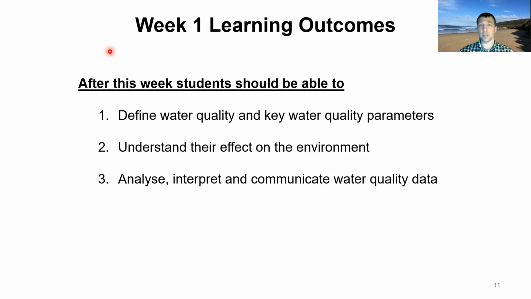What are the physical, chemical, and biological factors that control water quality? 2, we want to understand how water quality parameters impact the environment, and vice versa, how the environment controls water quality. And lastly, we will analyze, interpret, and communicate water quality data.